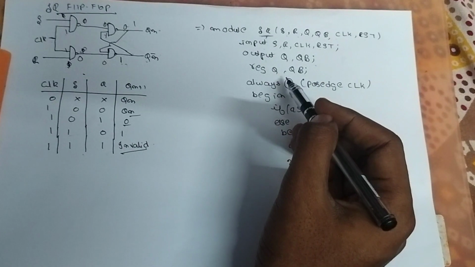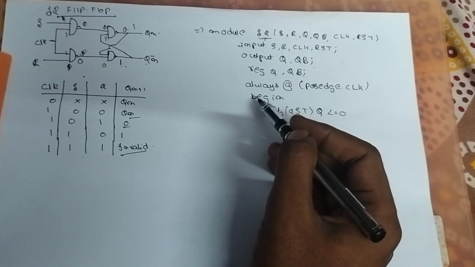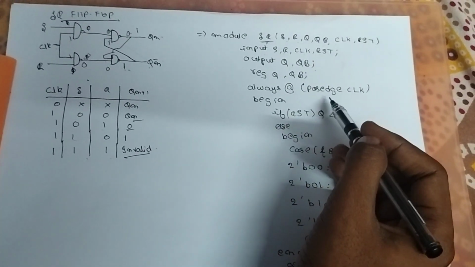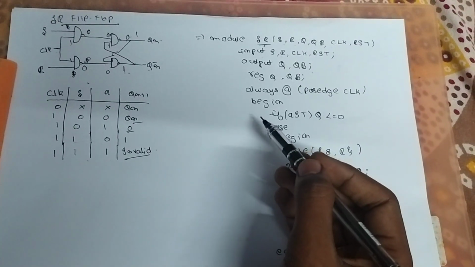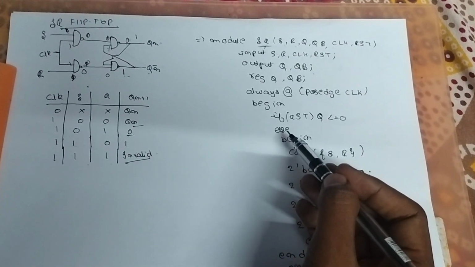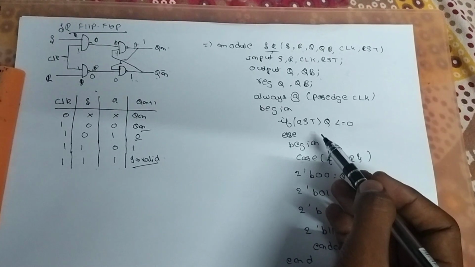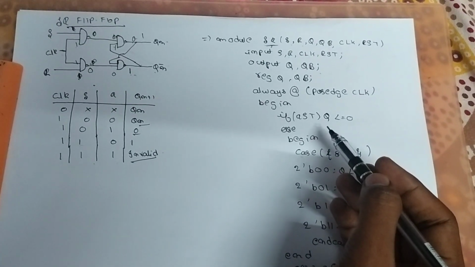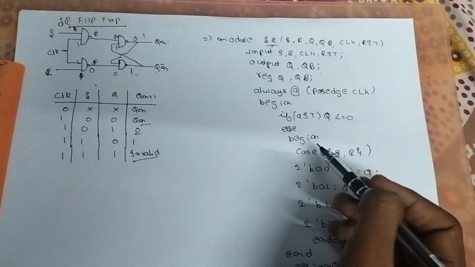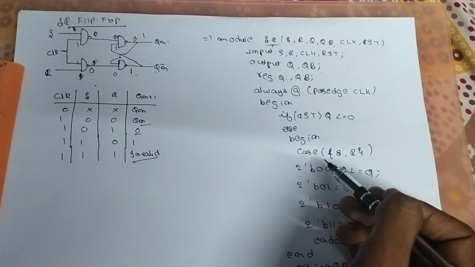reg Q, QB. always @(posedge CLK) begin. If RST, that is reset, Q is less than or equal to 0, else begin. We have taken cases, that is {S, R}.